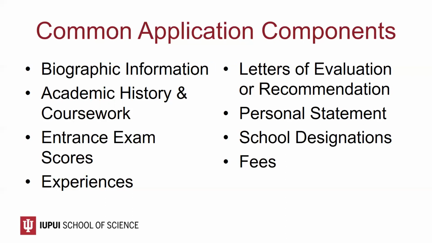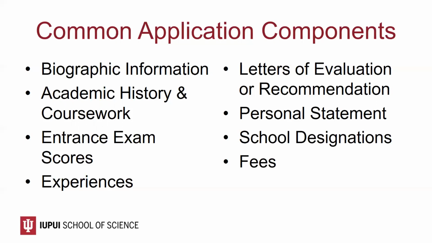You will also have the personal statement, which we discussed earlier, as well as a section on school designations where you choose the schools that you would like to apply to, and fees. Fees are calculated based on the number of schools to which you apply.